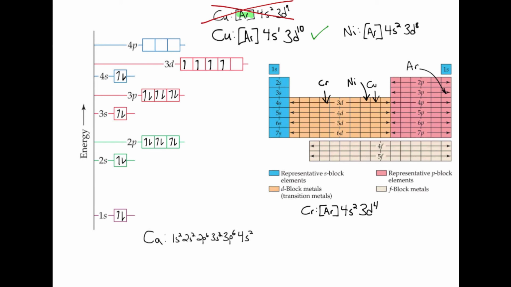That is a stable thing to do, and I'll show you evidence for that in a subsequent class. So it is a good thing to do to fill this, or at least half fill this last orbital. The question then that we'd have to answer is, is it worth it to take one of those electrons from the 4s and place it there? Is that something that's worth it to do?